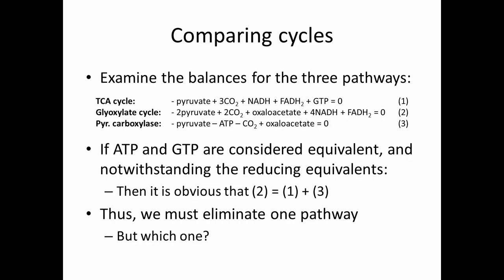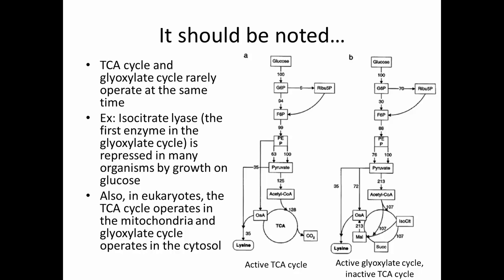We must eliminate one pathway in order for our metabolic flux analysis to go forward. But which one should we do? First, let's think of some things here. It should be noted that TCA cycle and glyoxylate cycle rarely operate at the same time in bacteria. For example, the isocitrate lyase, which is the first enzyme in the glyoxylate cycle, is repressed by many organisms when they grow on glucose.